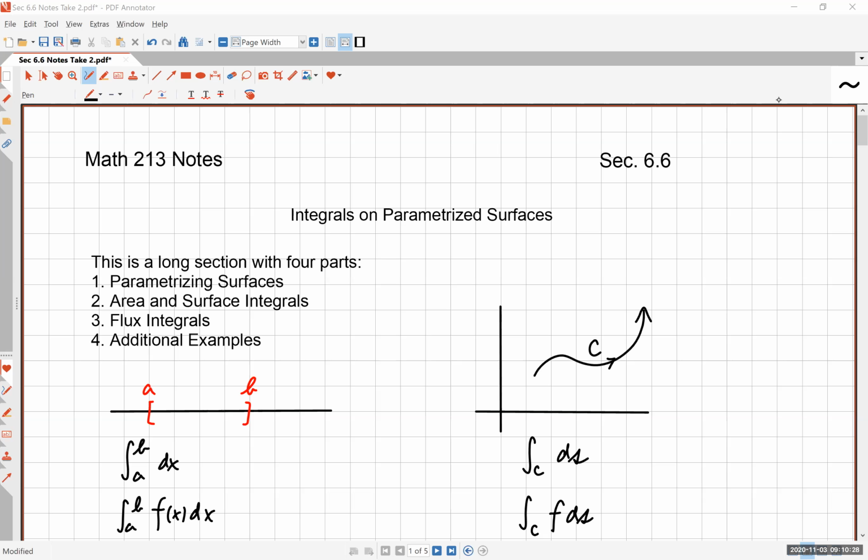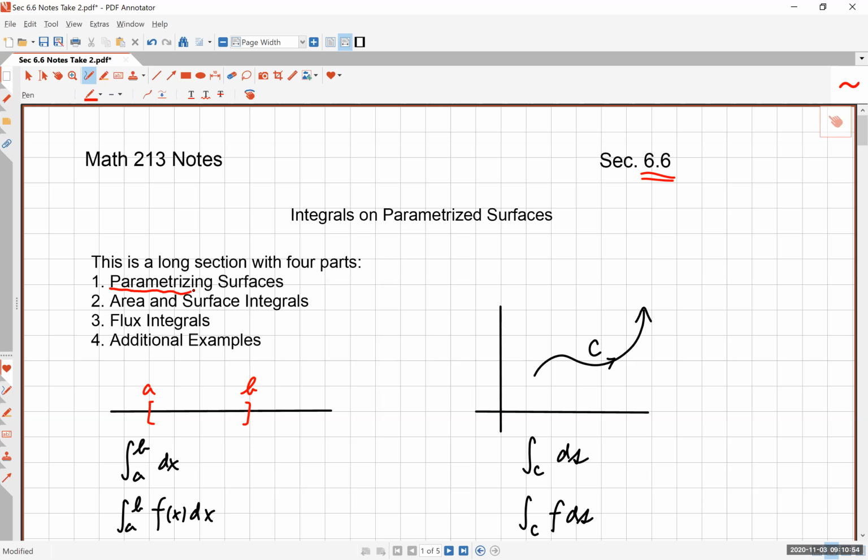Okay, so section 6.6 is on surface integrals. Basically, we will be looking at 3 different types of integrals, but they happen now on surfaces that are parameterized. So the first thing we have to talk about is how to do that. This lesson consists of probably 4 parts.